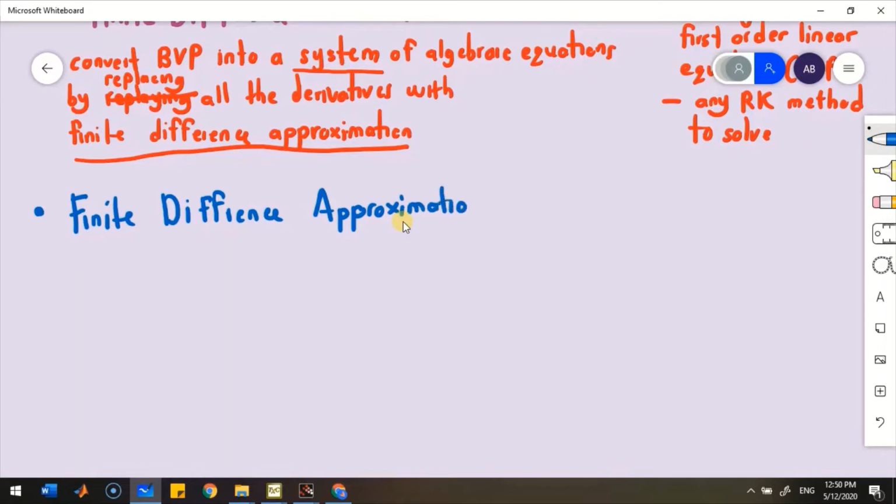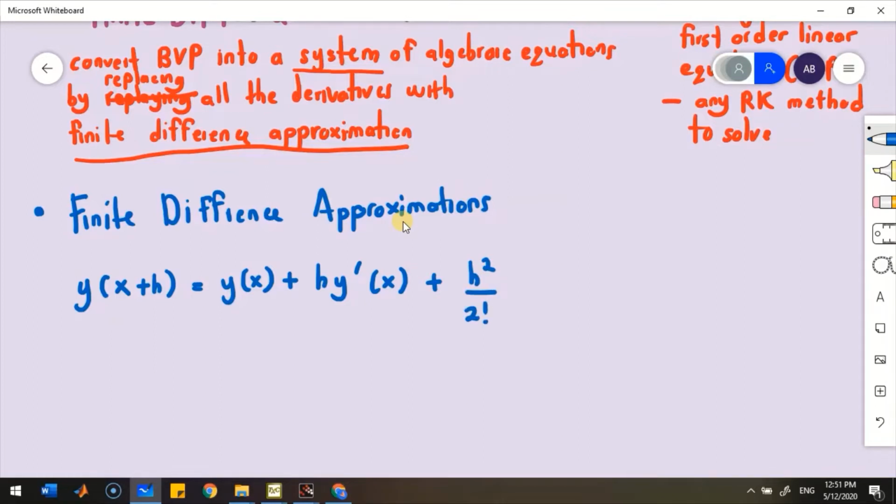To do this, we have to recall the Taylor series expansion. The Taylor series expansion of y at x plus h is given as y of x plus h y prime of x plus h squared over 2 factorial y double prime of x and higher order terms.